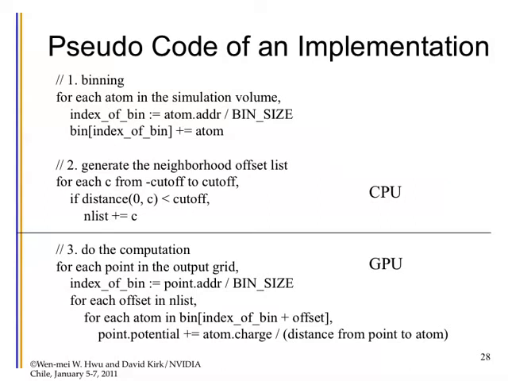Essentially, you're screening away those corner bins from the cube volume, and then it hands this over to the GPU. So in this case, it's no longer sending one bin at a time to the GPU, but actually sending a pretty big volume, pretty much the entire volume that can fit into the GPU memory.